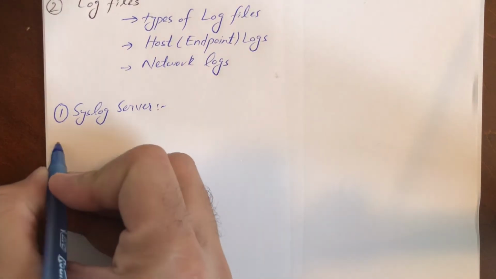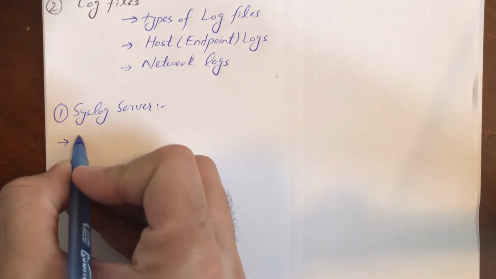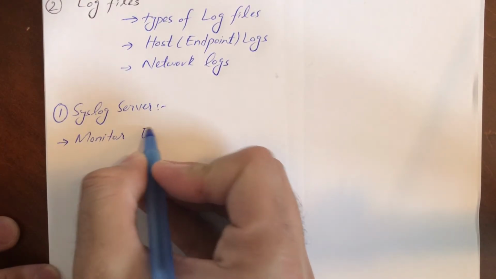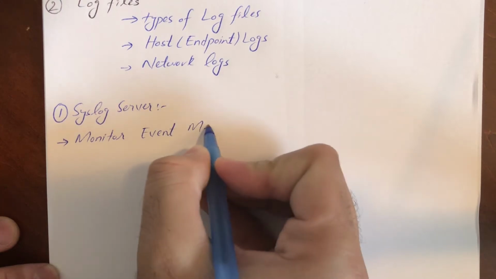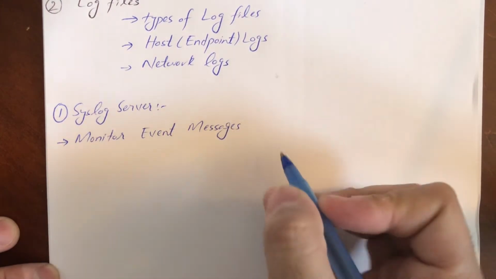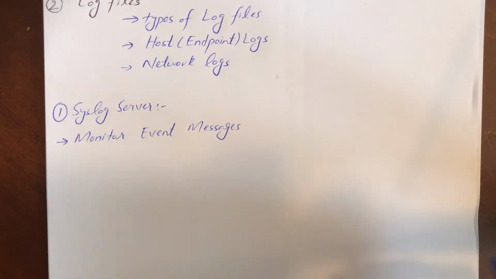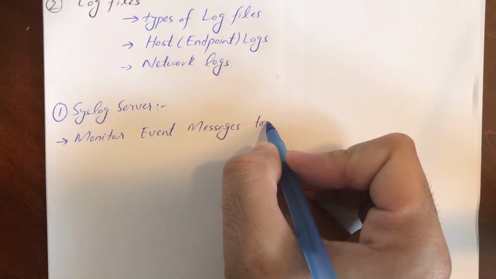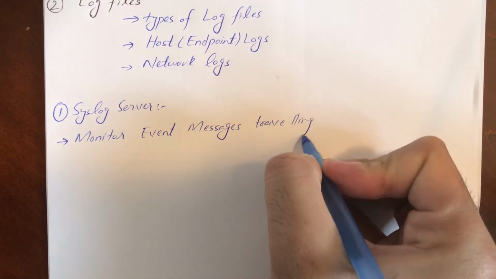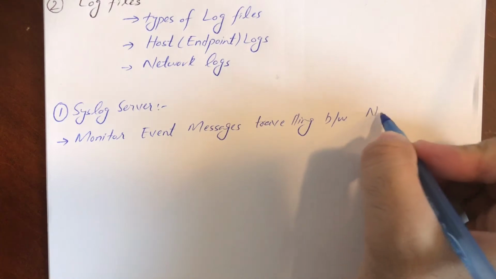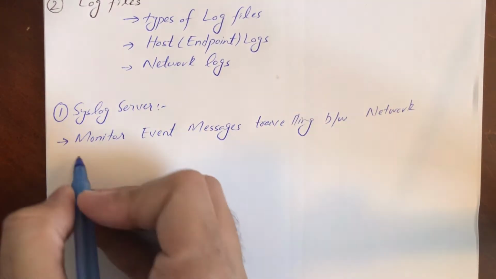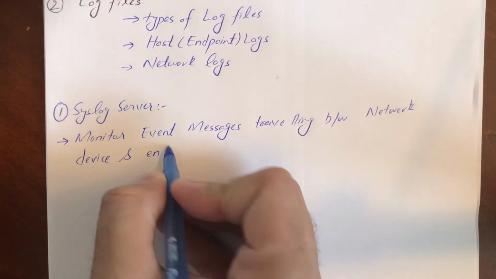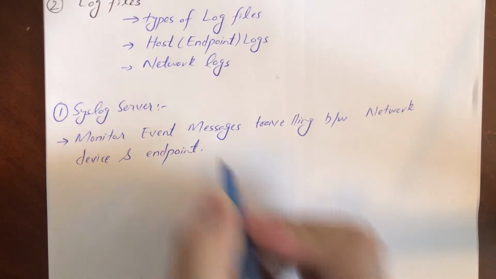So in syslog servers, first of all, what is syslog server? What do they do? Syslog servers monitor the event messages. Event messages, like for example, if any kind of anomaly occurs and all that stuff. So they monitor the event messages transmitted or traveling between network point, or you can say network device, and endpoint, or you can say the user computer endpoint.